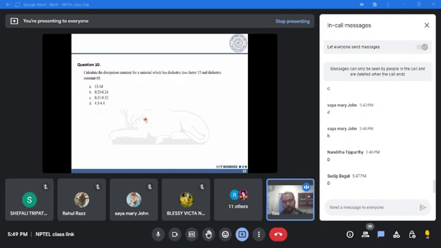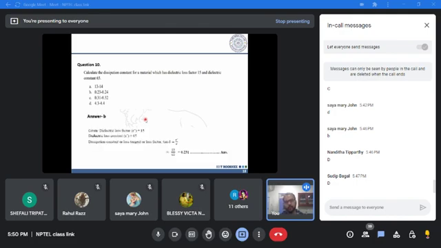Okay, so question 10 is: calculate the dissipation constant for a material which has a dielectric loss factor 15 and dielectric constant 65. If you know the formula, you can calculate quickly. So we should not waste time on this.